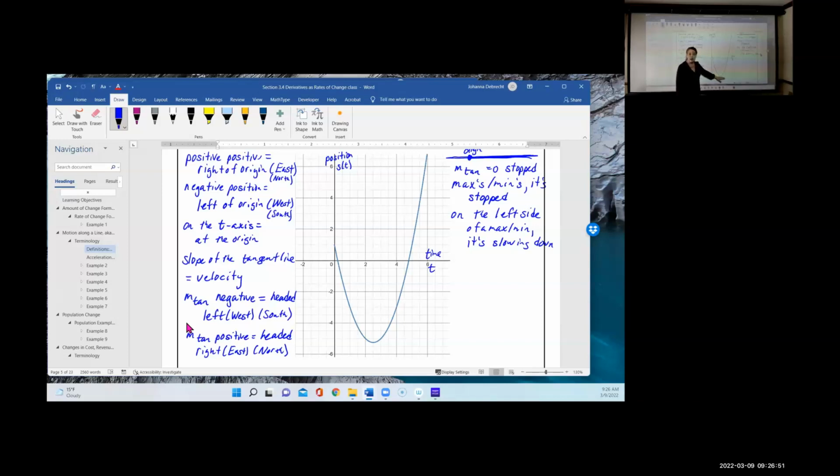Because it's about to stop. All right, and that's what cars do right before they stop. On the left side, it's slowing down. So what do you suppose it's doing on the right side of a max or a min? Speeding up. It's got to be speeding up. So on the right side of a max or a min, it's speeding up.